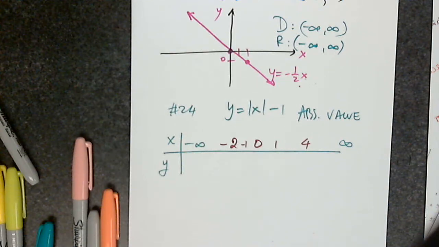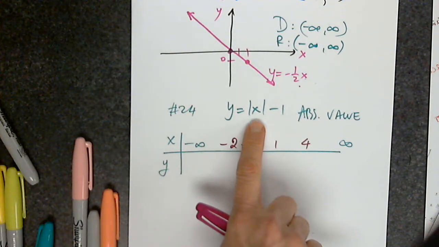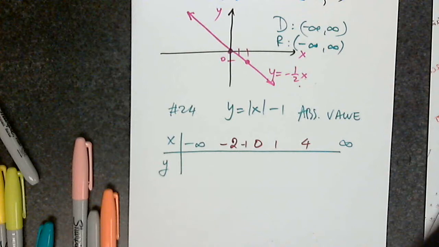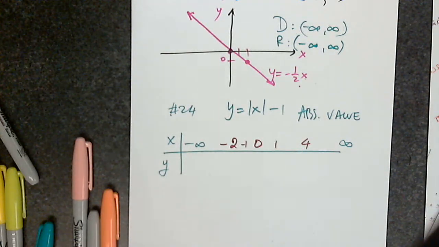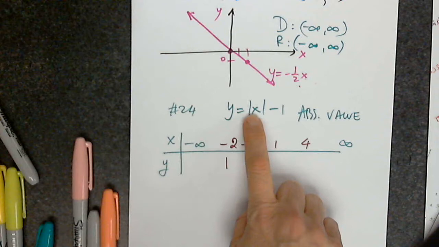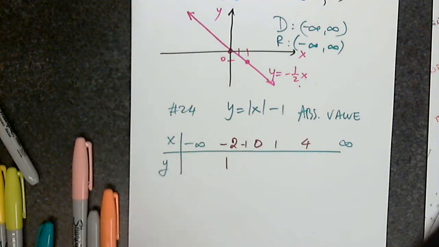Okay. So please plug in negative 2. In absolute value it is 2, minus 1. Perfect. Please plug in negative 1. Negative 1 in absolute value is 1, minus 1 is?